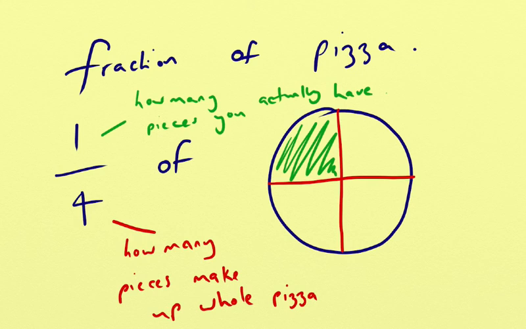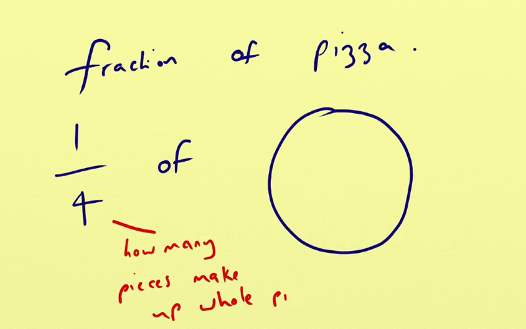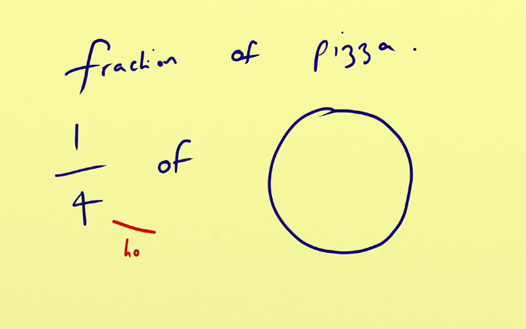So let's have another example of fractions of pizza, and I'll use this pizza to start with, because I've already drawn it out. So we've got the bottom one just there. We're going to have multiple pieces.